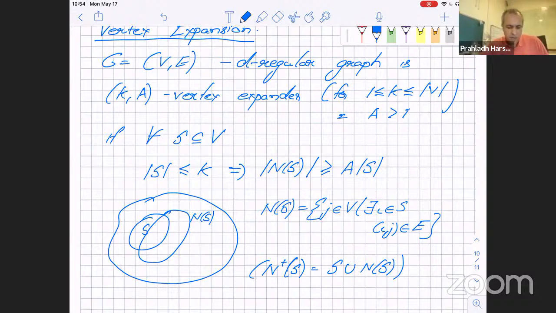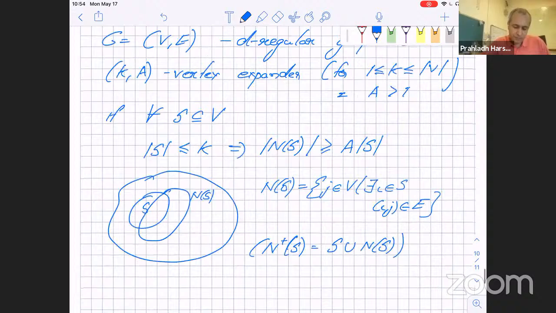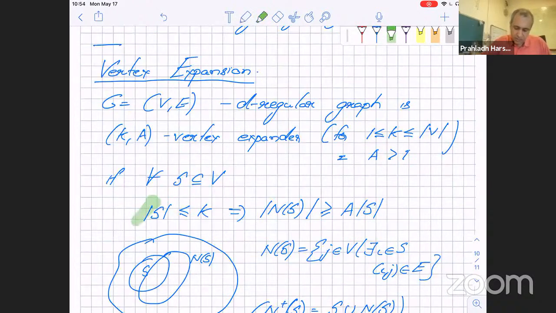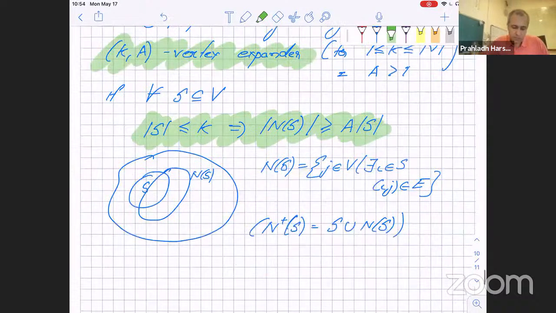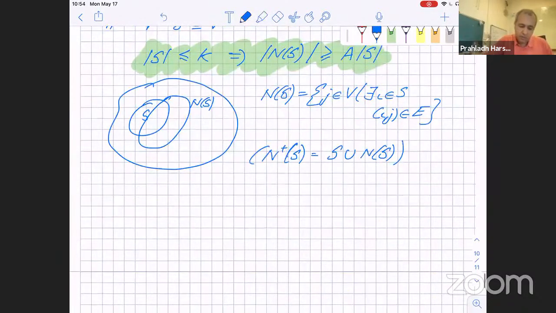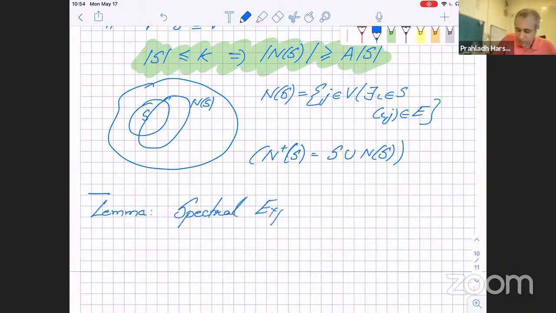Is the definition of vertex expansion clear? This is what I mean by a vertex expander. It's a (K, A) vertex expander. And the first nice lemma we'll see, informally, will say spectral expansion implies vertex expansion.